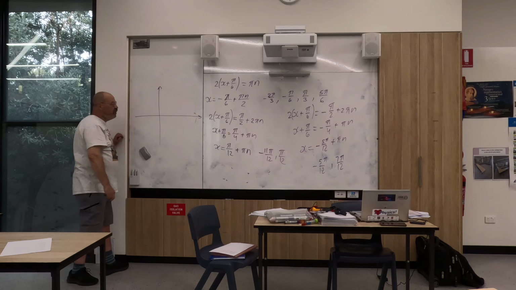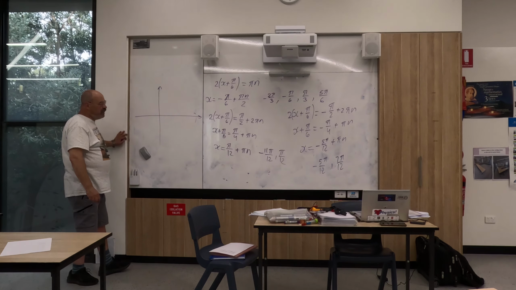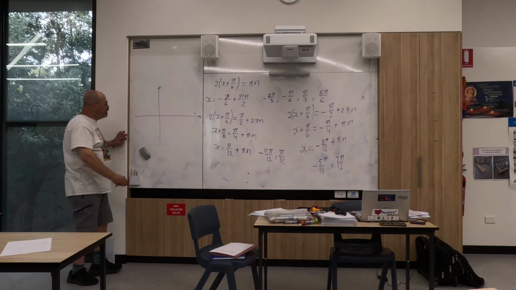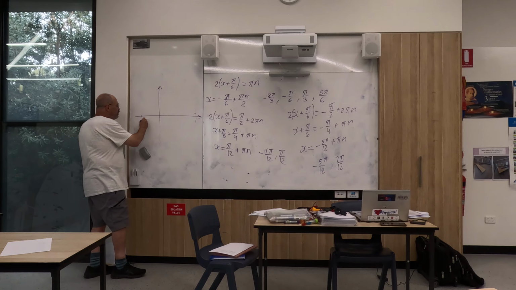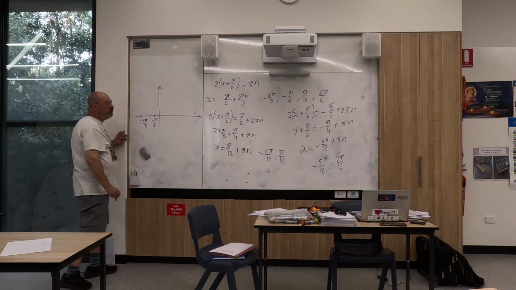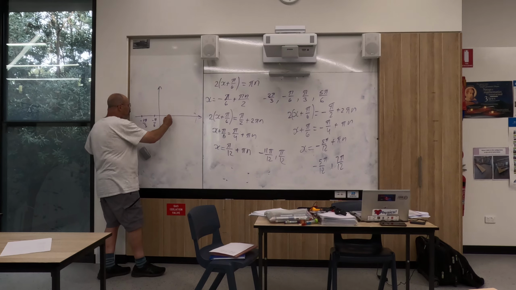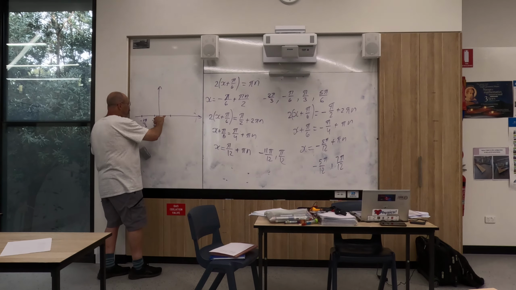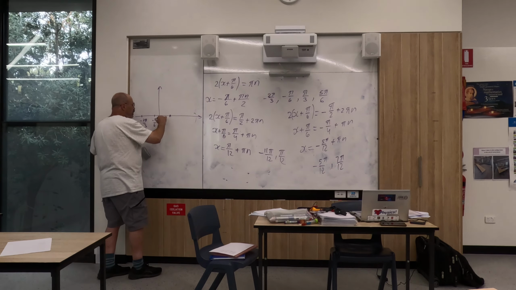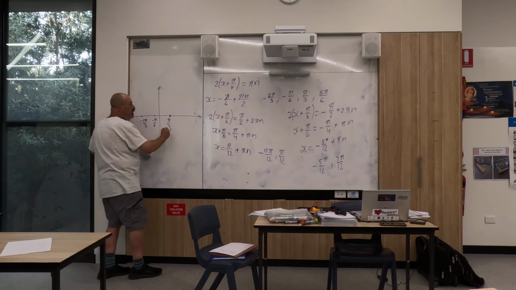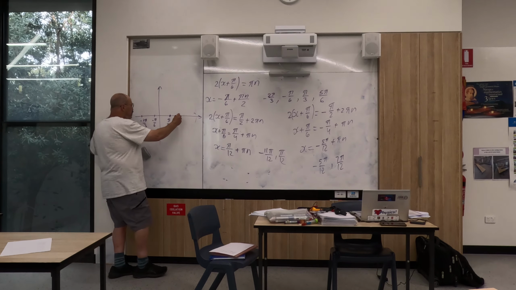So we have zeros at negative 2 pi on 3, negative pi on 6, pi on 3, and we have another zero at 5 pi on 6.